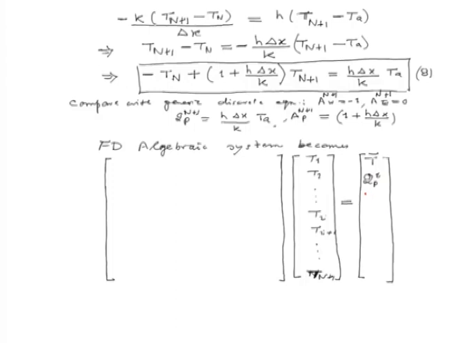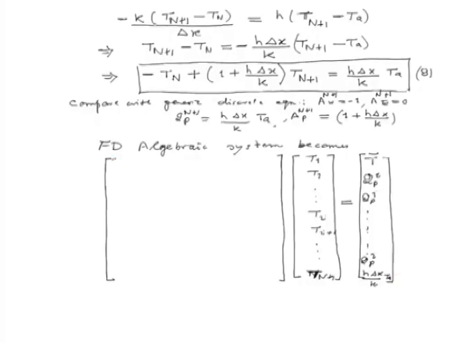The expression for QPi we have already derived earlier in the previous page. So, it continues as QPi for all the terms from 2 to n, and for Tn plus 1 we had the last term, let's rewrite h delta x by k times Ta. So, this completes our right hand side.